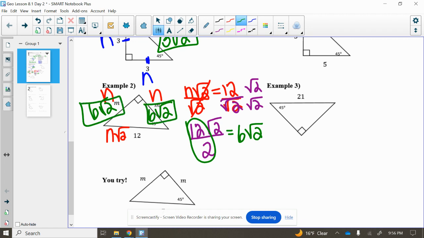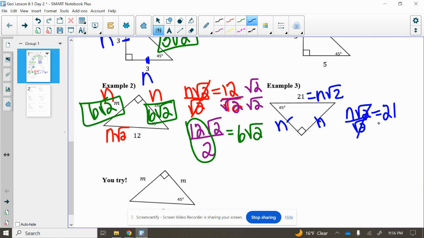In our second example, again, we are given the side across from our right angle, which is the hypotenuse. So again, to find just what each of these legs are, we would take 21, and we can solve for what n would need to be.